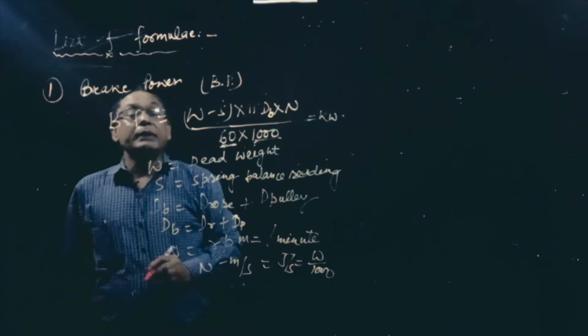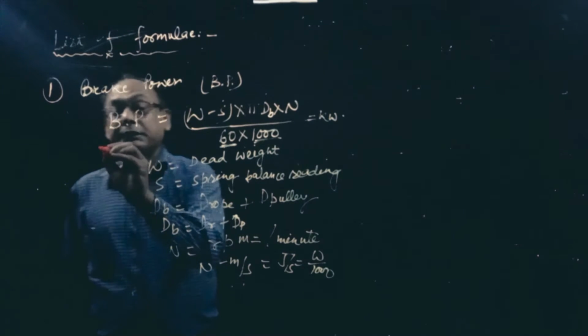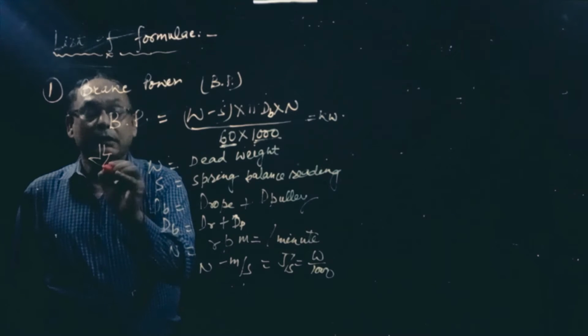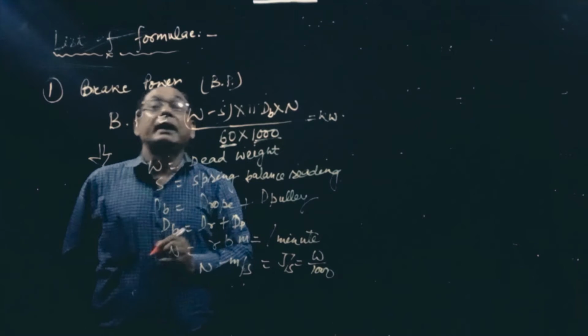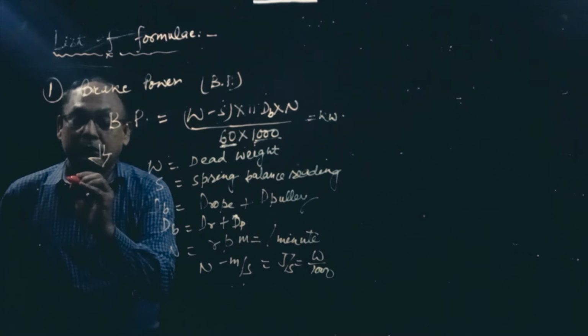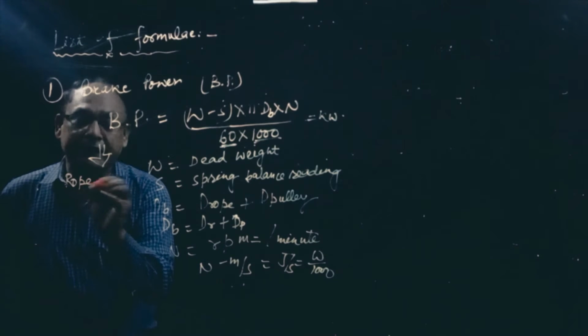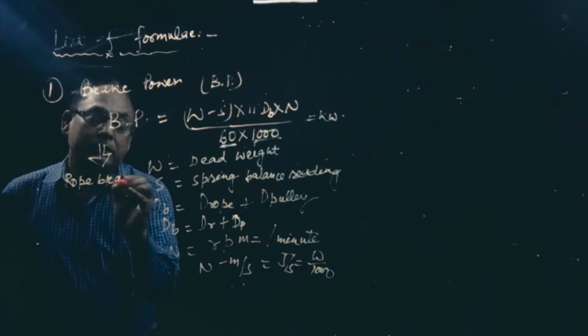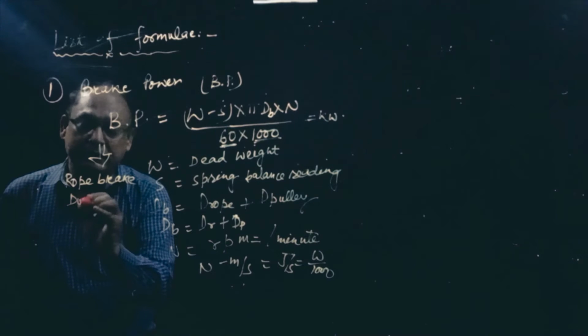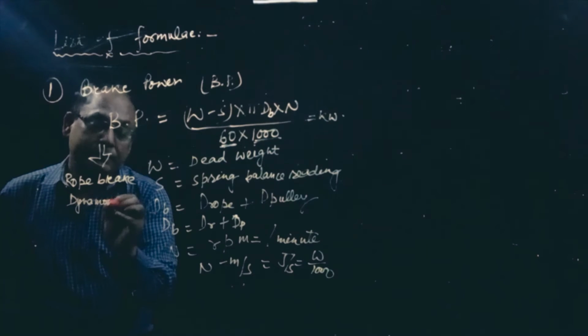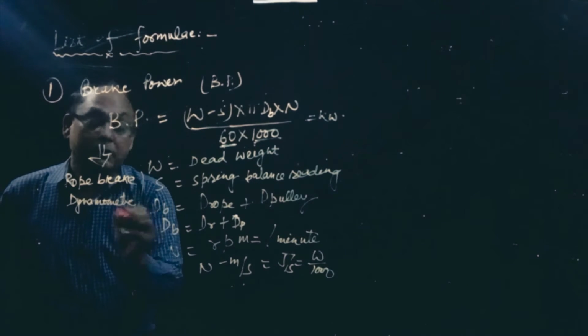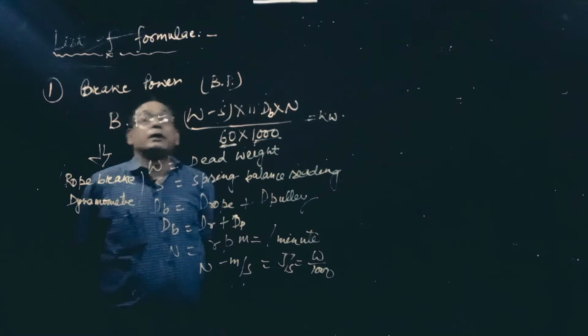Remember, this formula is to find out brake power by rope brake dynamometer. So this is formula number 1.